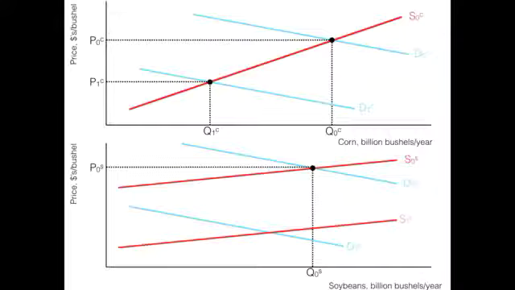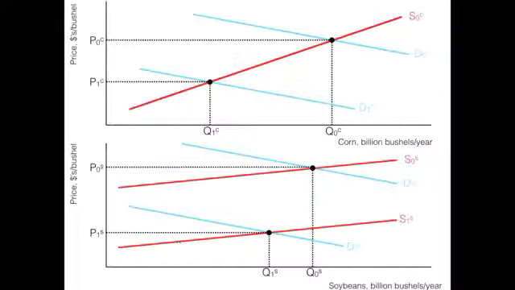So we have an increase in the supply curve for soybeans. So after this reaction to the change in demand for corn, which lowered the price, we see that this also lowers the price for soybeans, and it's a dual effect. It's a decrease in demand and an increase in supply.